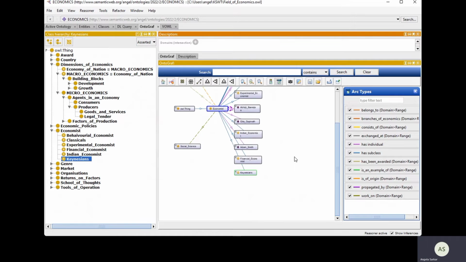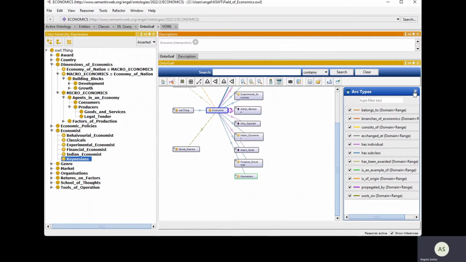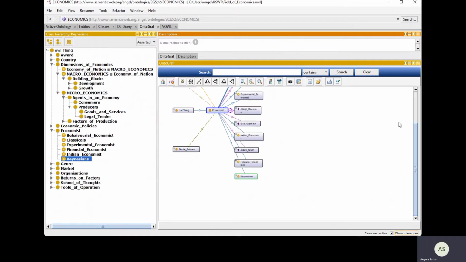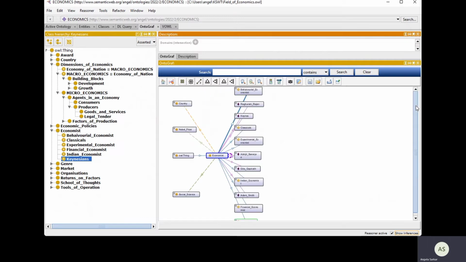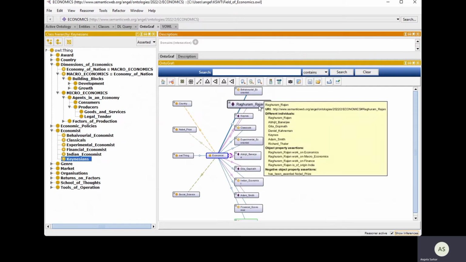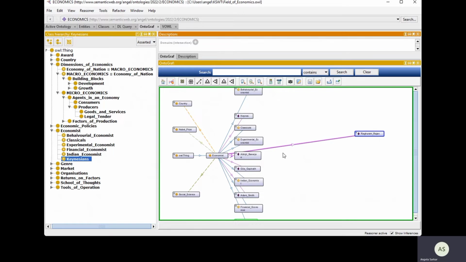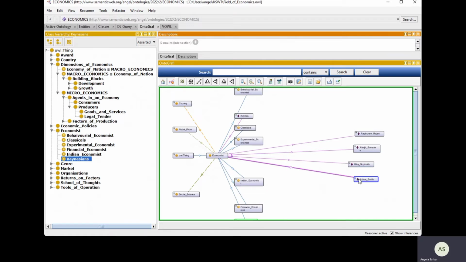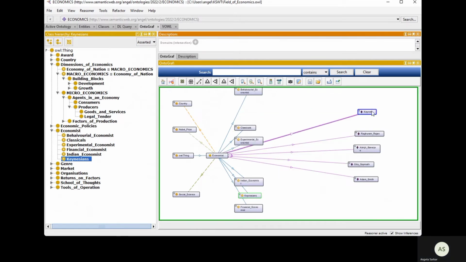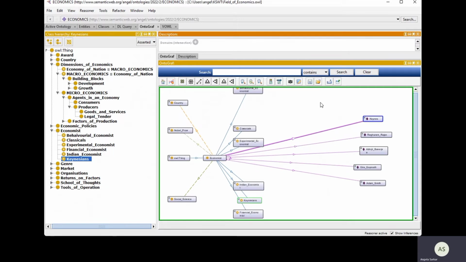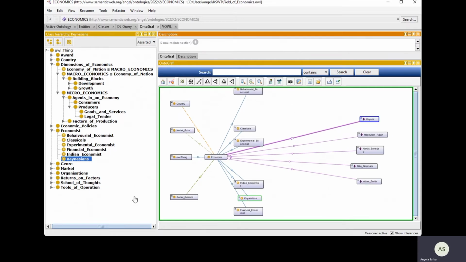As we click here, there are individual classes, instances which are related over here as the core economics that we have defined as individuals, and they are all coming under this particular class. So they are interrelated with all this.